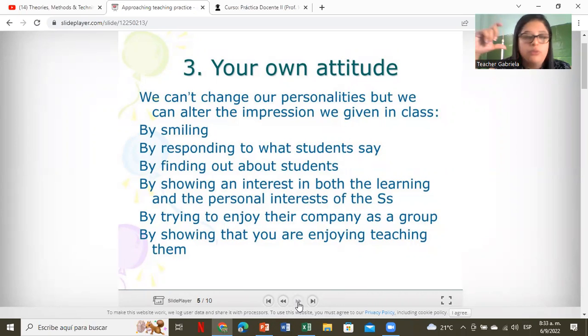We have to. No, we should. Should is when you have the option, if you want or if you don't want it. But have to is like we have to respect others. We have to listen to others. We have to think before we speak.